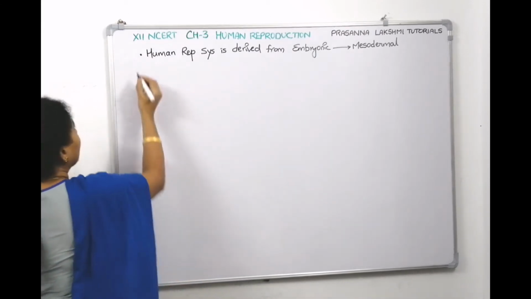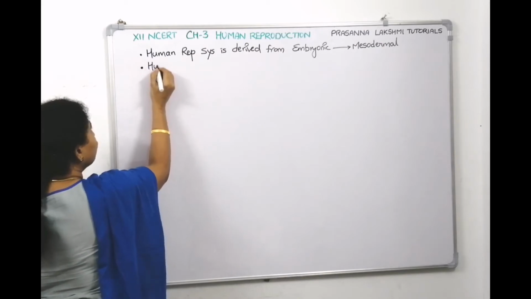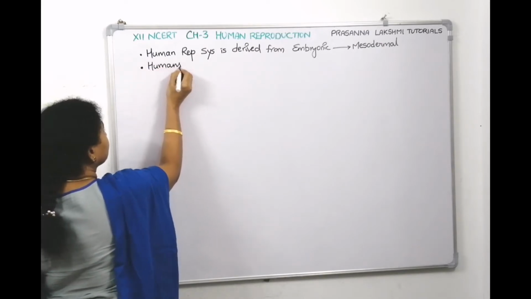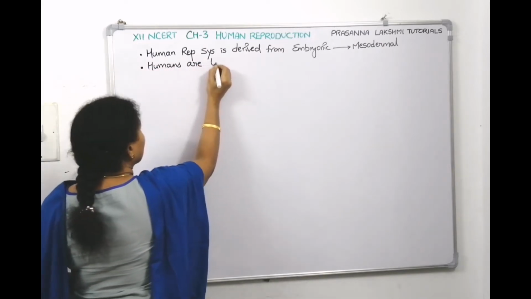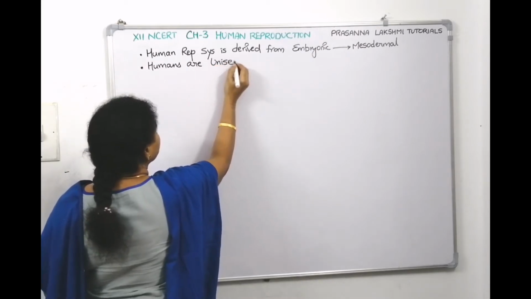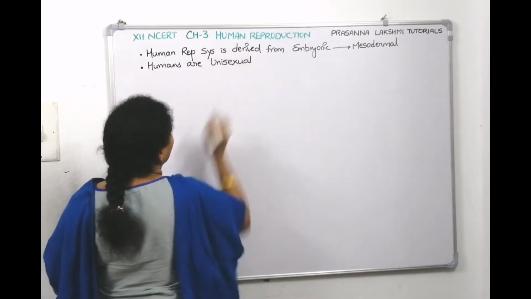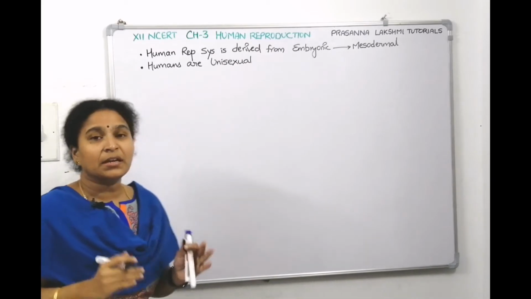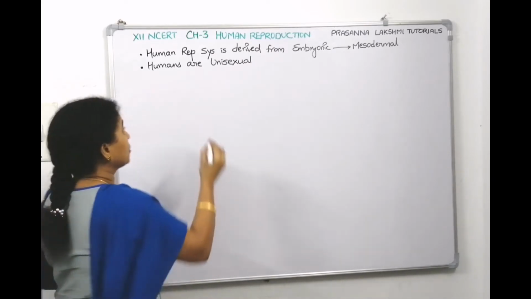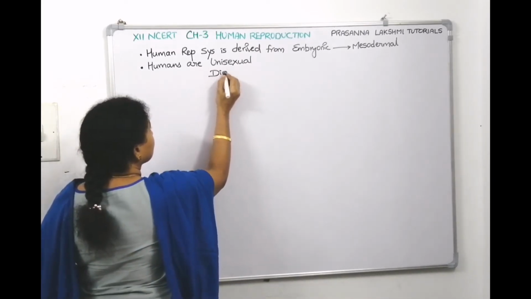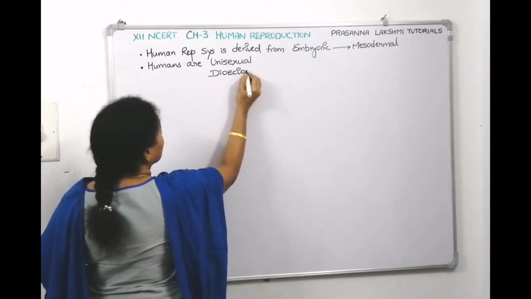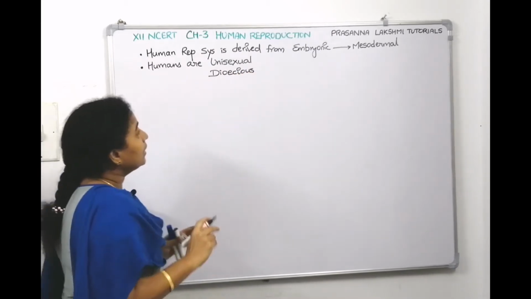So we can just tell that humans are unisexuals, right? In other way, we can tell unisexual as dioecious.